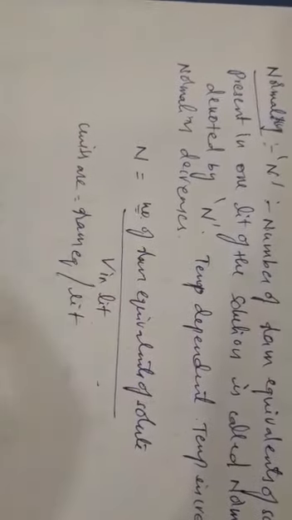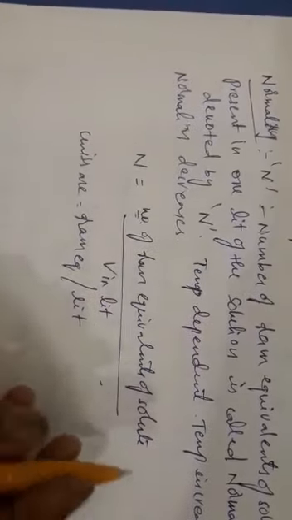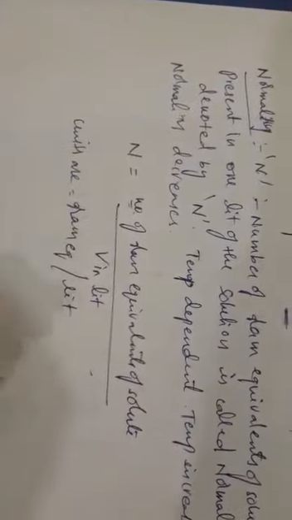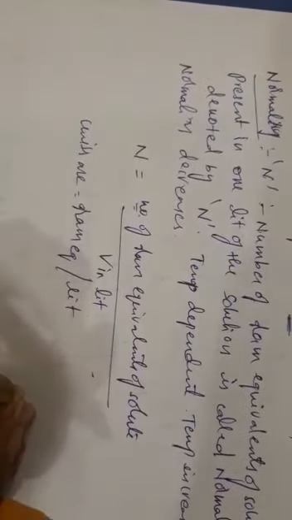So here, the number of gram equivalents of solute. You know about the number of moles; the formula is given weight by molecular weight. Whereas here, for gram equivalents, we use the formula given weight by equivalent weight. Instead of molecular weight, here we use equivalent weight.